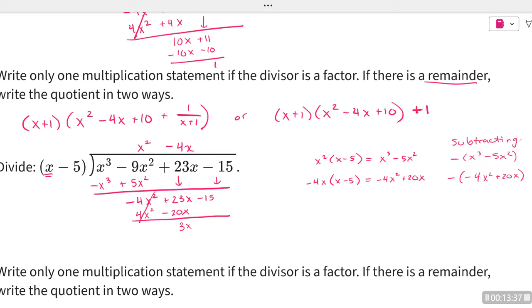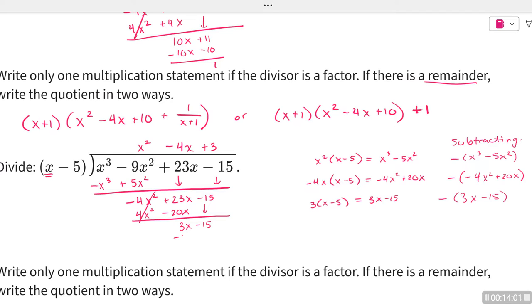We are left with 3x there, and we pull down this negative 15. So x can go into that 3x 3 times. So 3 times x minus 5 gives us 3x minus 15. And remember, we want to subtract those terms.